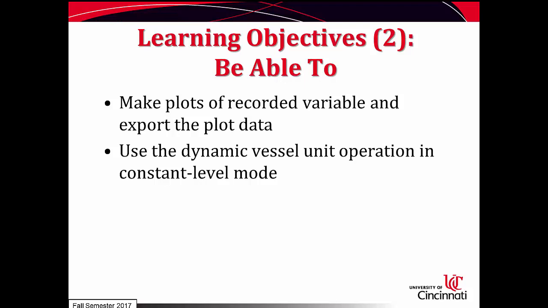And you should be able to make plots of the recorded data and export that plot data out of CHEMCAD. And you should also at this point be able to at least use the constant level mode of the dynamic vessel. We'll talk about some of the other options for the dynamic vessel unit operation in a future video. Hope this helps. Let me know if you have questions.